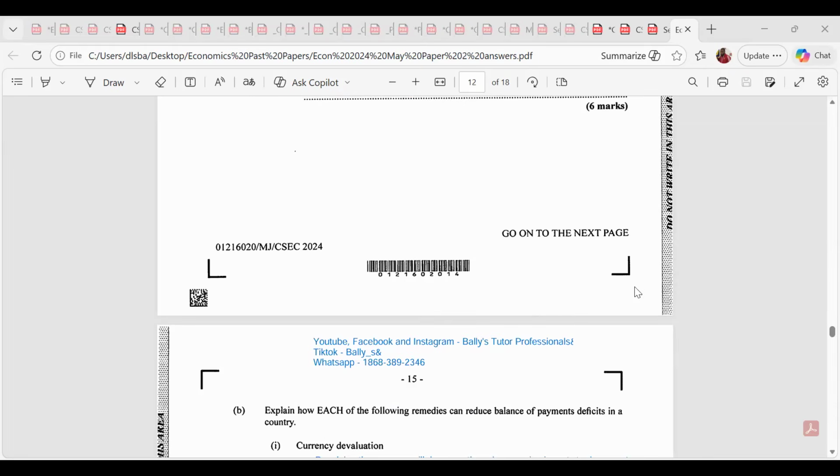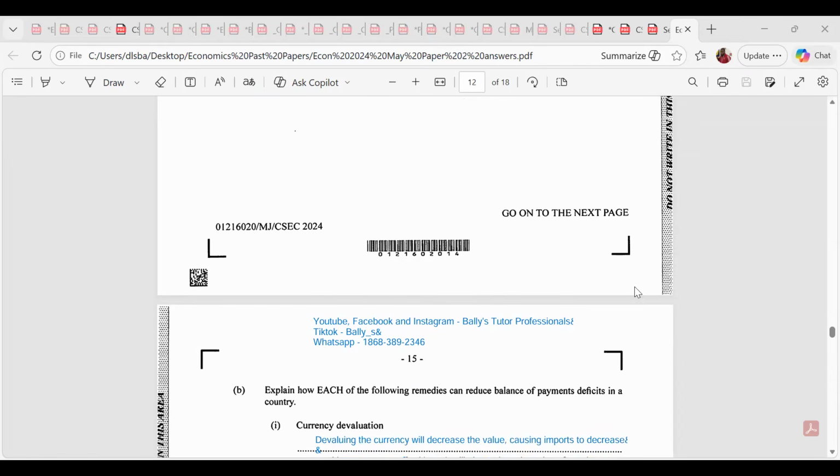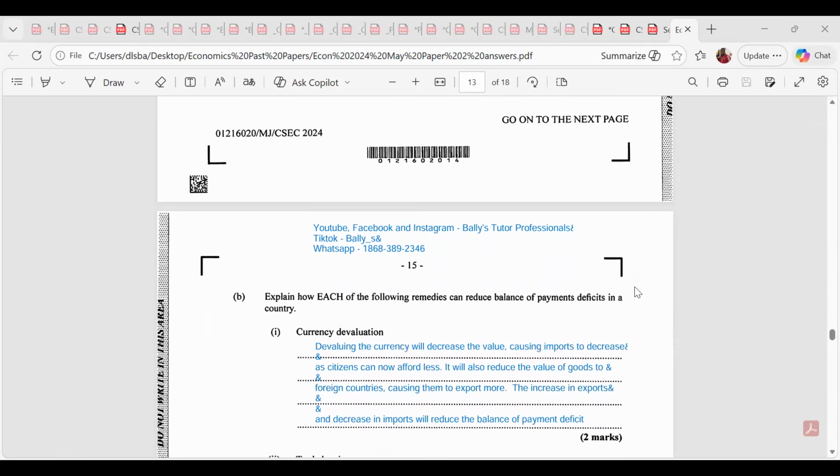Then they said explain how each of the following remedies can reduce the balance of payment deficit in a country. Currency devaluation. Remember, we looked at this. If they devalue the currency, the imports will decrease and exports will increase. Imports become more expensive because the value of our currency decreases.